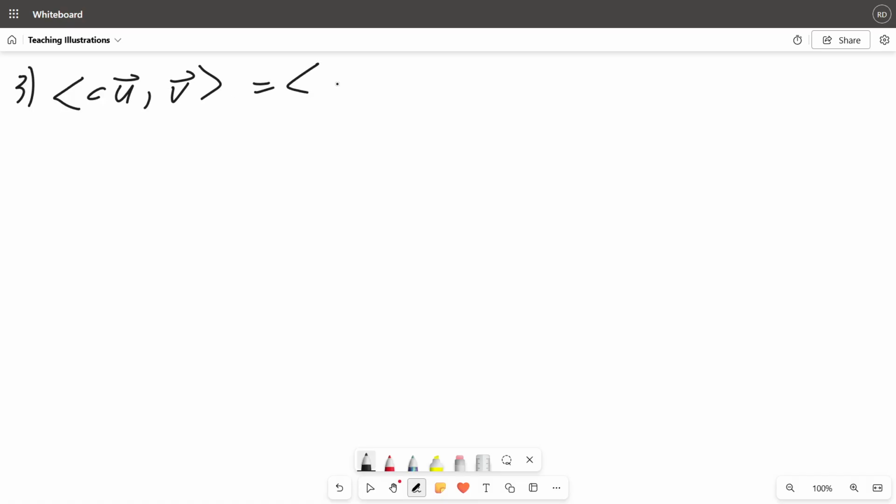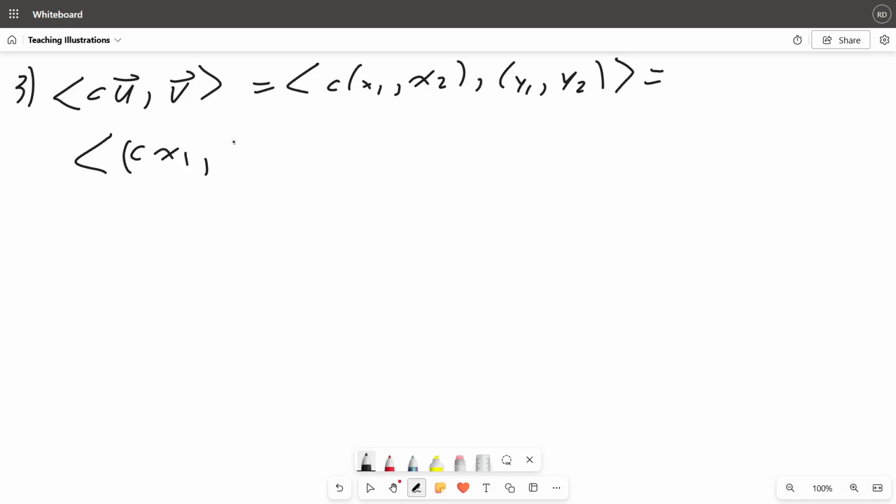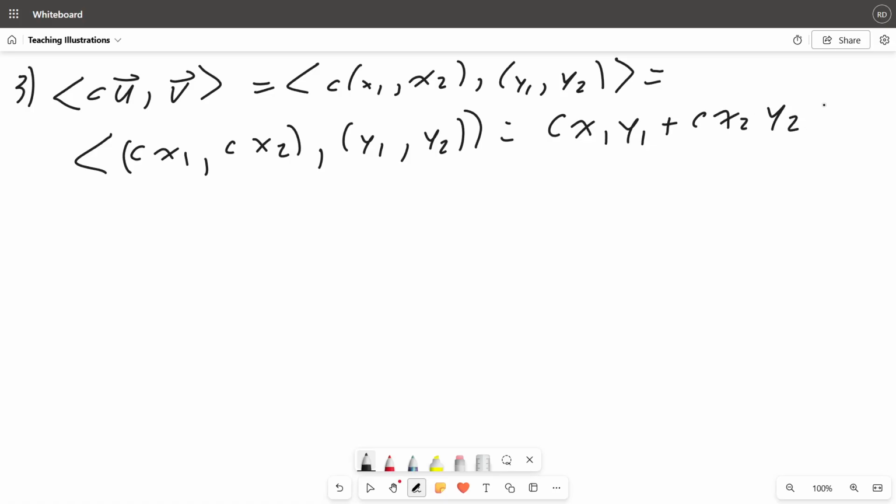So that is c times (x1, x2), comma, (y1, y2), which becomes (cx1, cx2), comma, (y1, y2), which is cx1y1 plus 4cx2y2, which we can then pull the c out of.